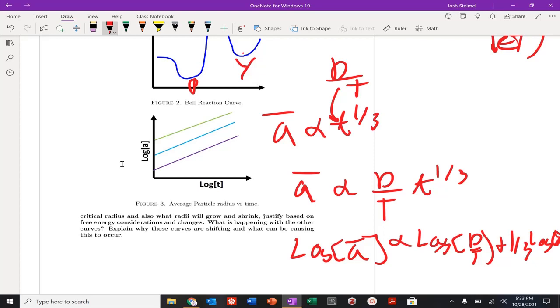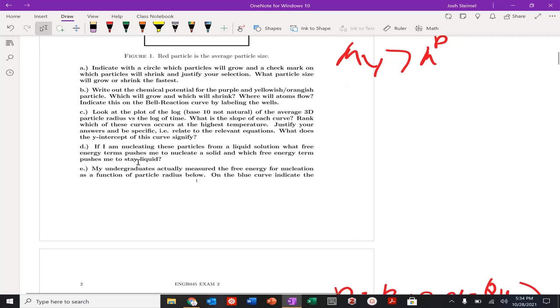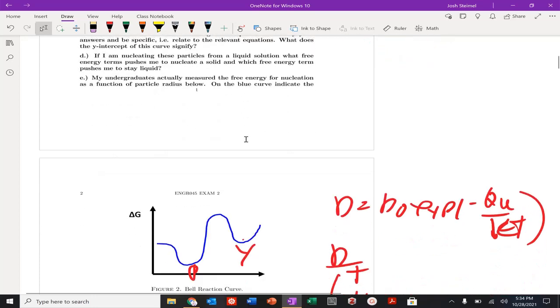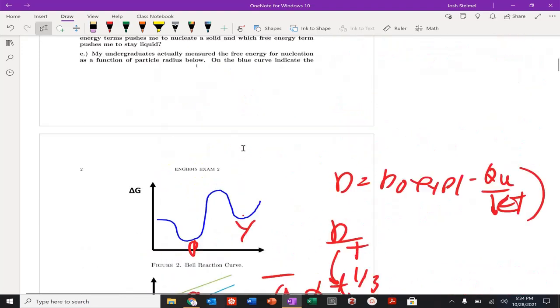So the slope will be 1/3, and this will be my y-intercept. As I go up here, temperature is increasing as well. So that's my y-intercept. We've done all of what we wanted to. Now we can move on to part D.